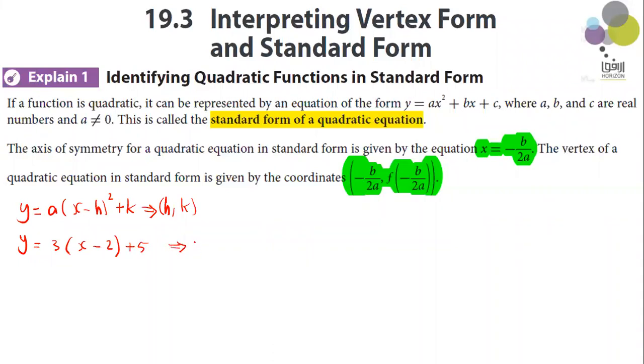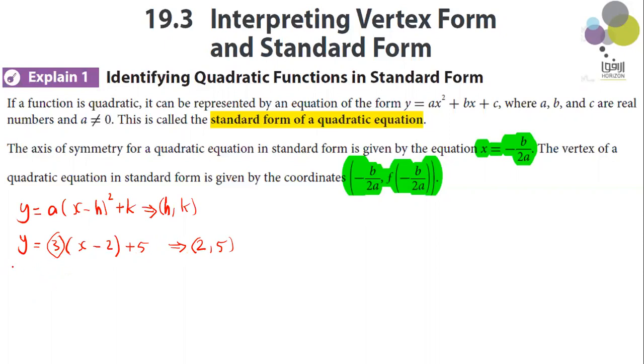The vertex is (2, 5): first coordinate and second coordinate. This a is responsible for vertical stretch or vertical compression. In this case, a is 3, greater than 1, so we have a vertical stretch.